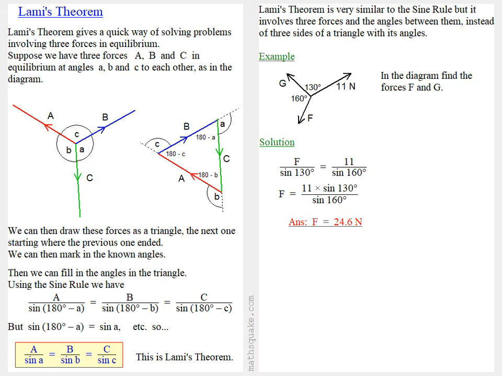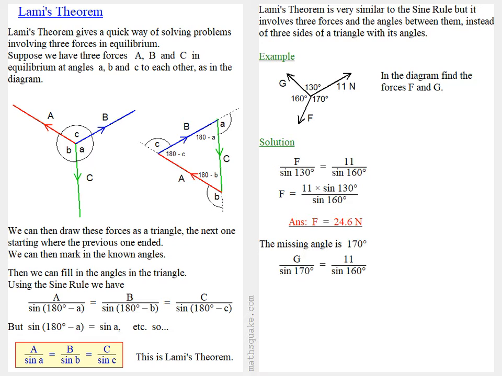Now we can work out the angle that's missing in the diagram because the angles add up to 360. So the angle opposite G is 170 degrees. So, using Lami's theorem, G over the sine of 170 is 11 over the sine of 160.